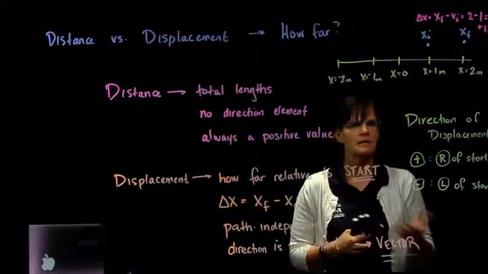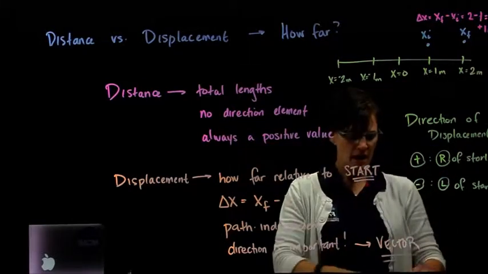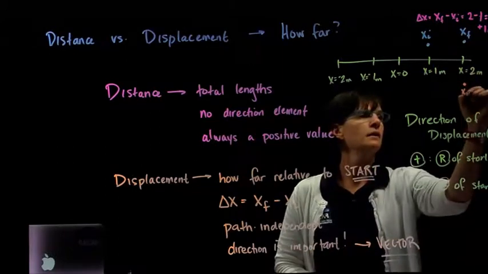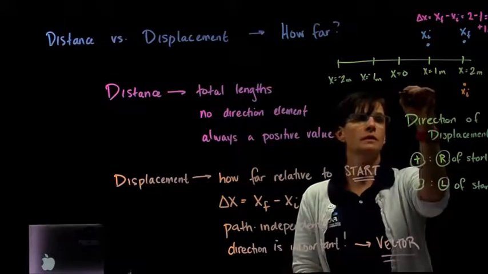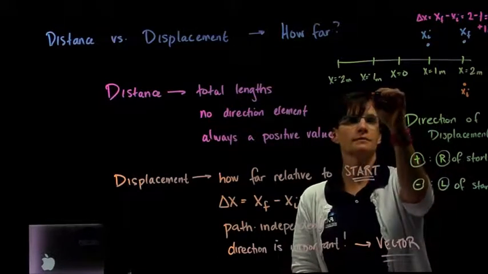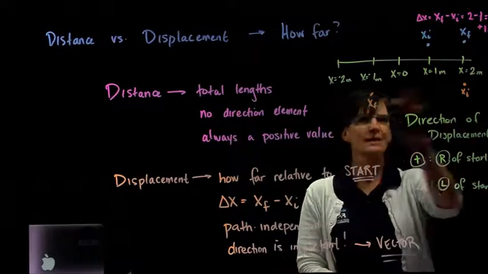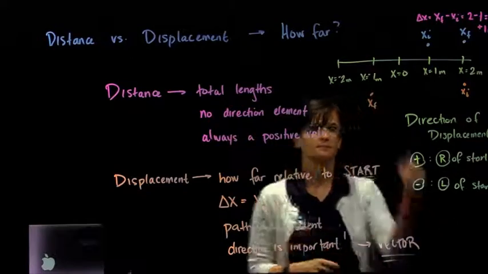What about if I move to the left? Let's say I start at position 2 and I move to position -1. So here's where I started, here's where I ended up. What is my displacement?